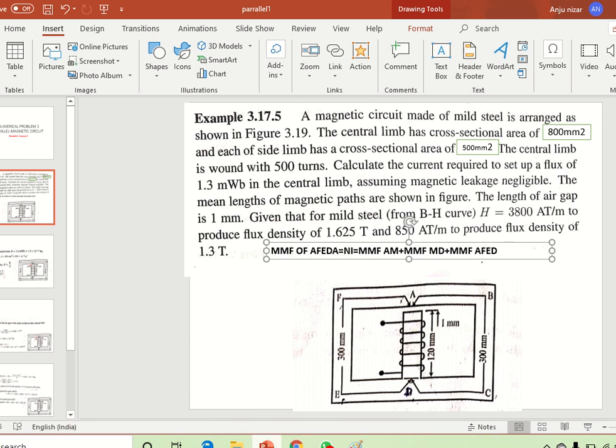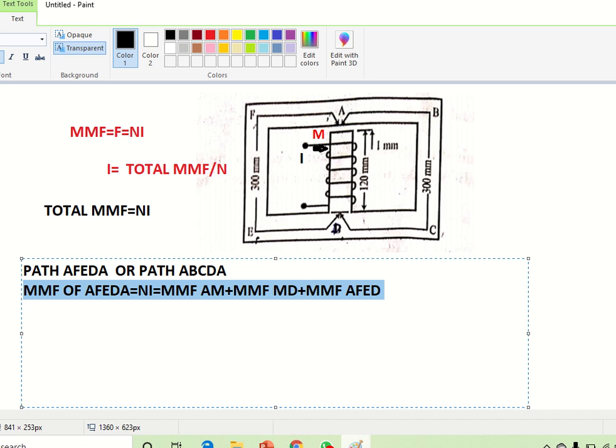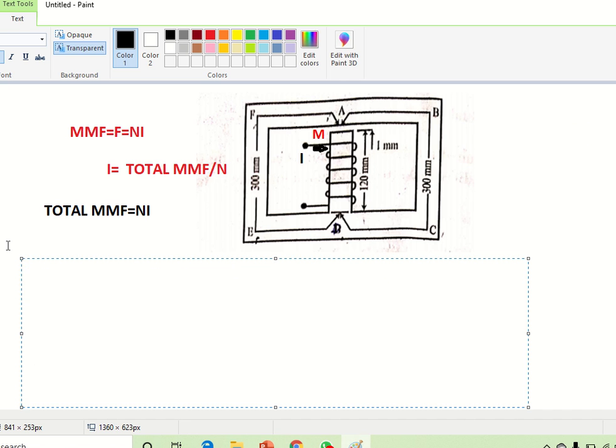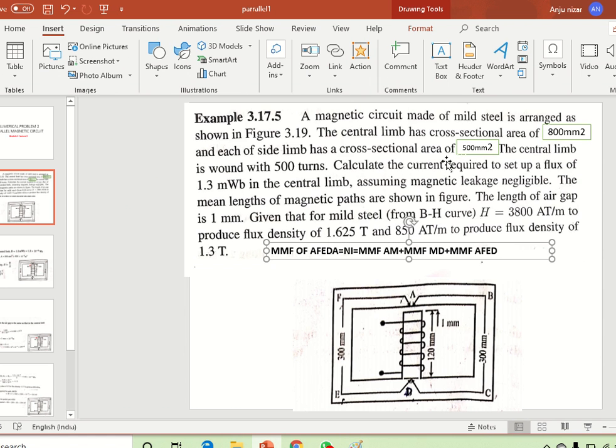Next, what are the given data? In this slide, the given data are: number of turns N equal to 500. Then flux phi in the central limb. What is the flux in central limb? That is given in the question. The central limb is bound with 500 turns.